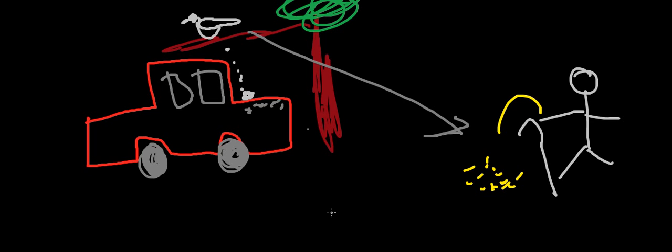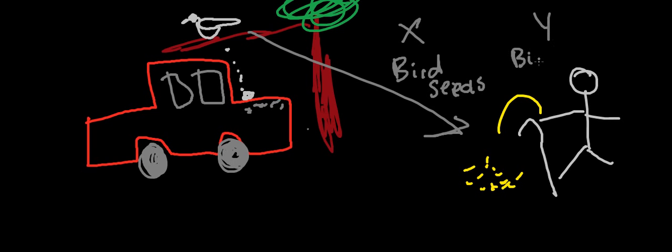So where x would be bird seeds, my y is bird crap. And for every x, there's only one value of bird crap. So if he eats one seed, he's going to have one seed's worth of bird crap. If he eats 2 seeds, then there's 2 seeds worth of bird crap. So I hope this makes sense to you.